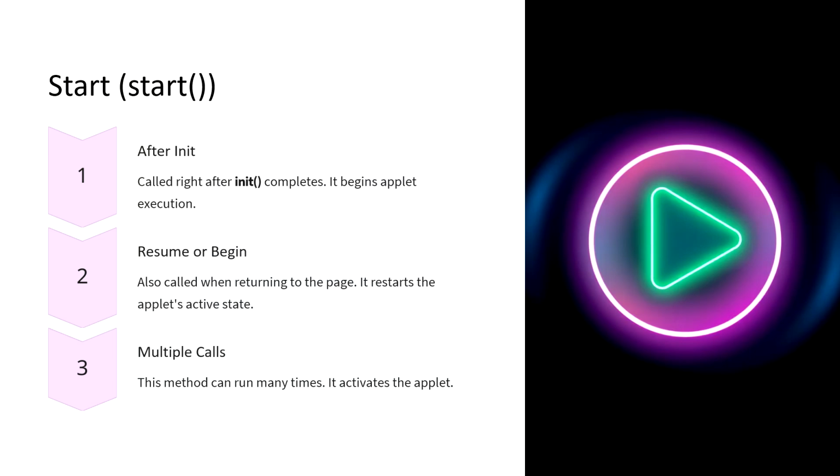The next method is the start method. The start method is called after the initialization method. It is also called to restart an applet after it has been stopped. This is the most important note: init is called once, when the applet is first loaded, whereas start is called each time the applet's HTML document is displayed on the screen. So if the user leaves a web page and comes back, the applet resumes execution at the start method.